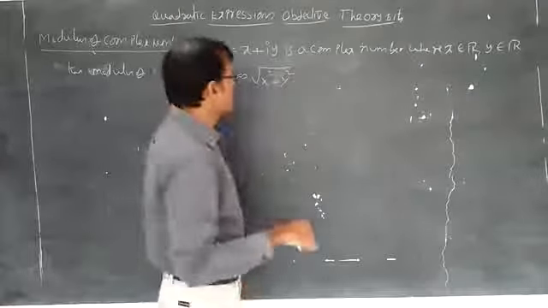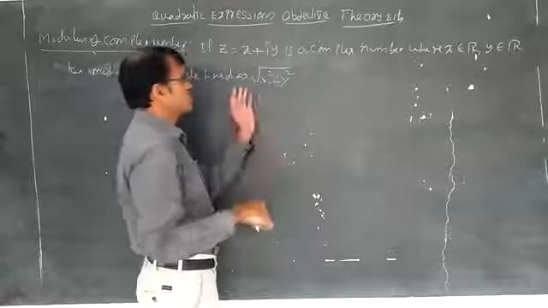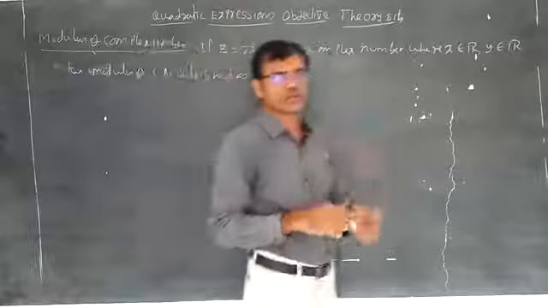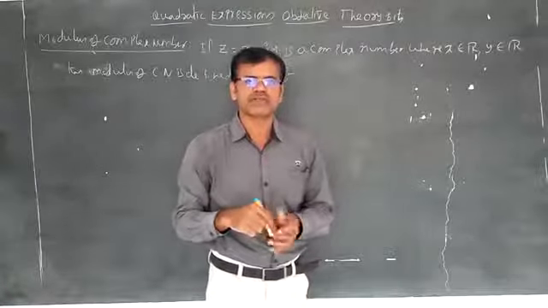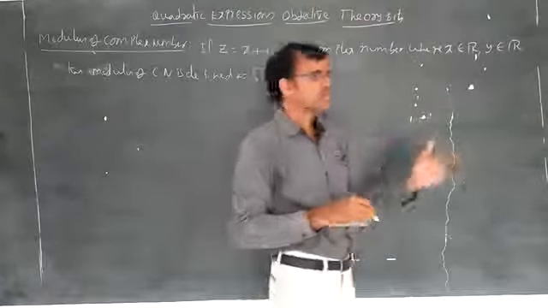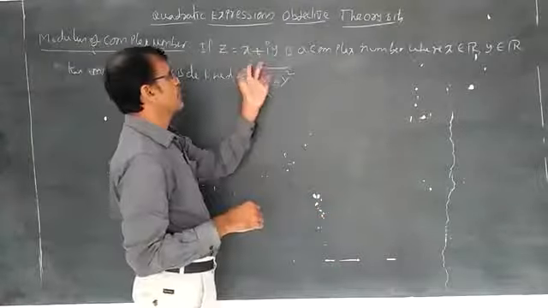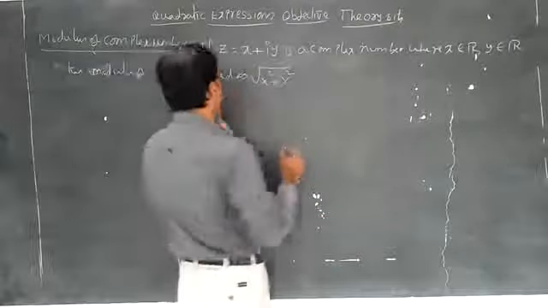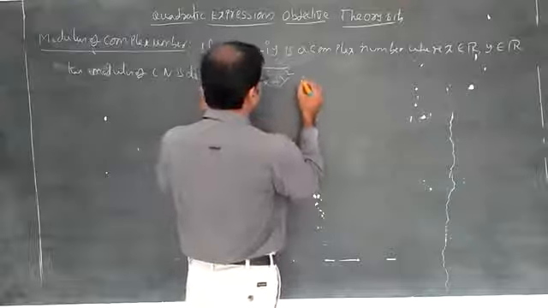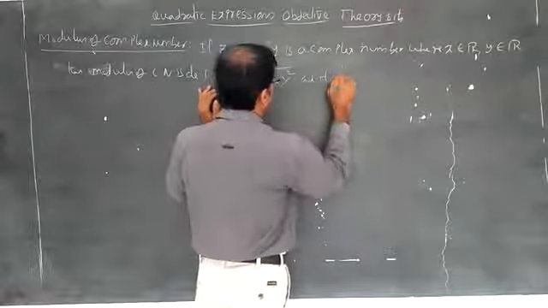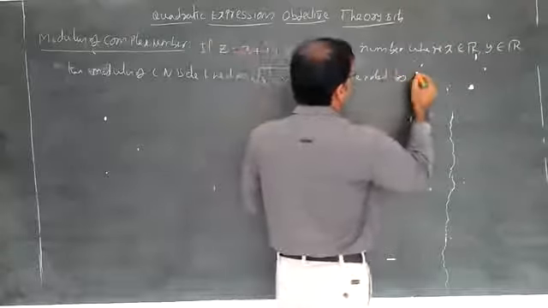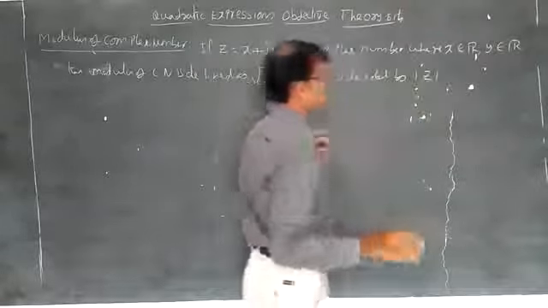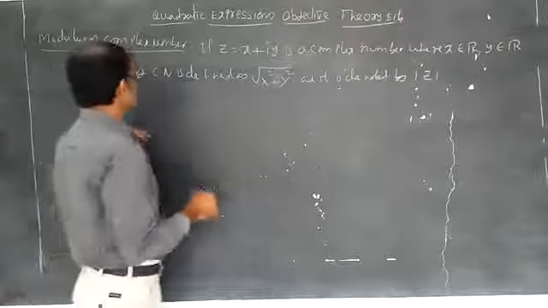Remember, as with vectors, for example r̄ = x̄ + ȳ + z̄, mod r we took as the root of x² + y² + z². In a similar way here, it is the root of x² + y², and it is denoted by mod z.